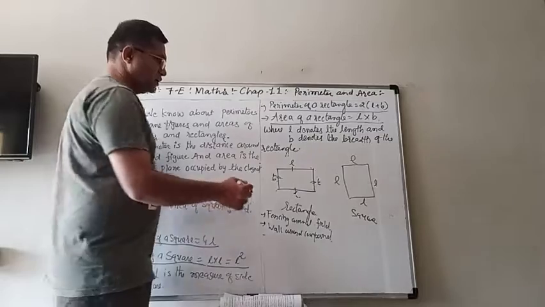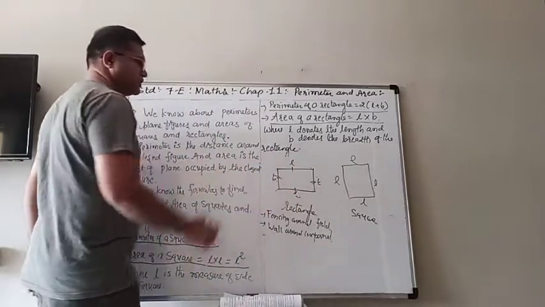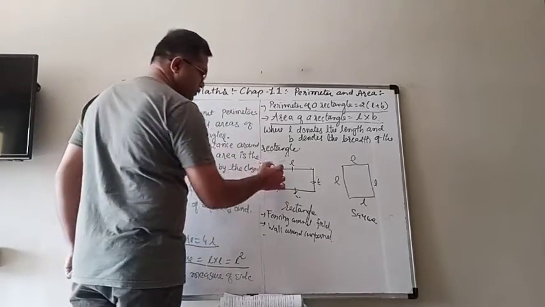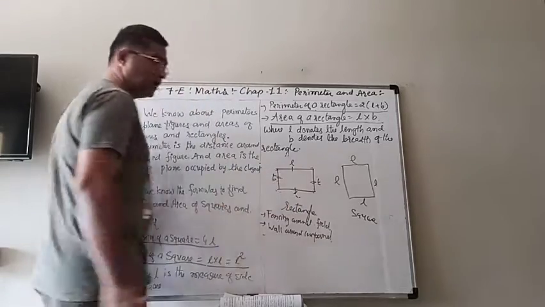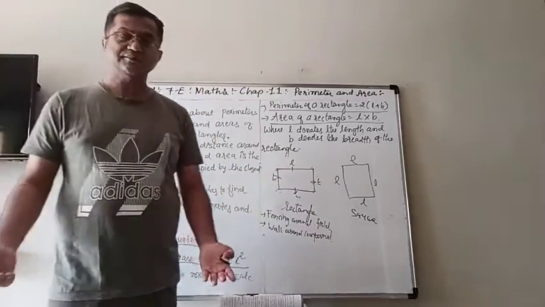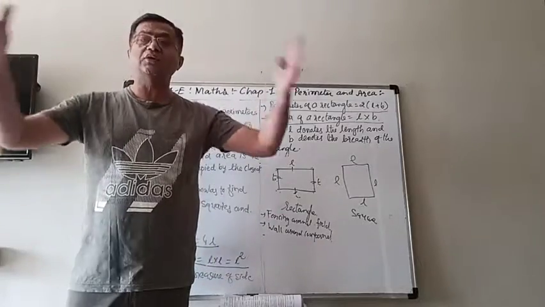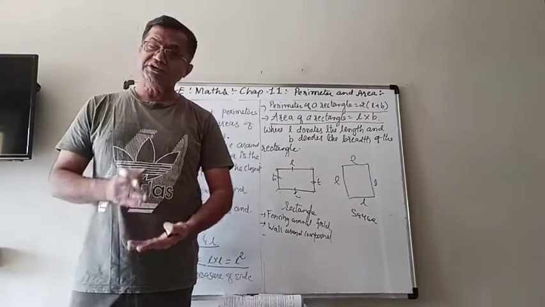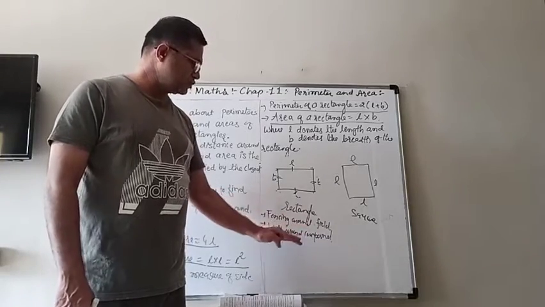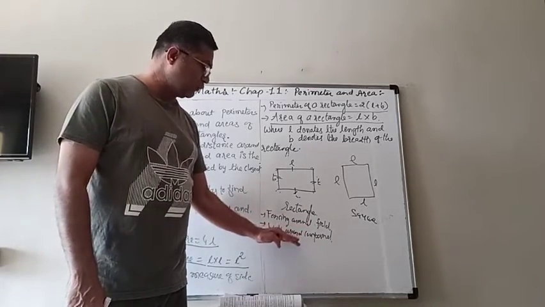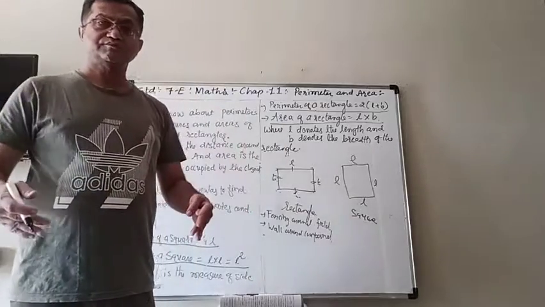Suppose this is to be fenced, will you do the fencing on the boundary or inside? Obviously, the fencing must be around. So if you have to find a fencing, you have to build the wall around the compound.